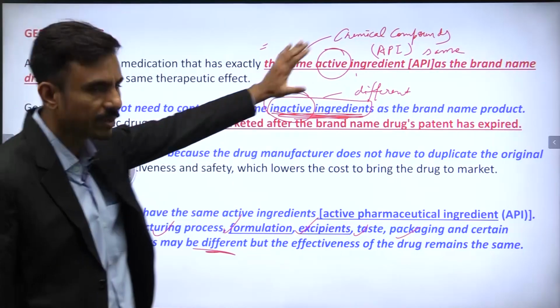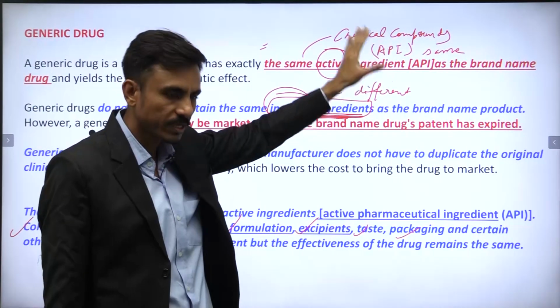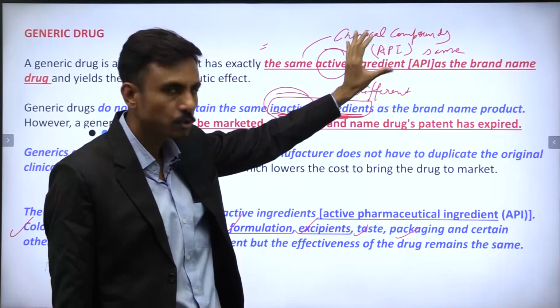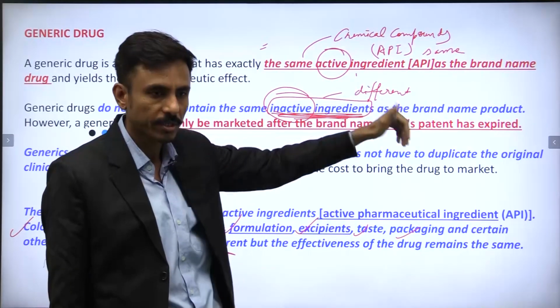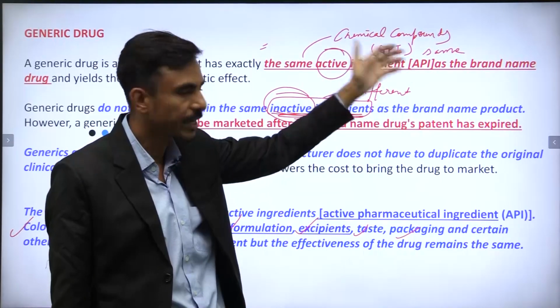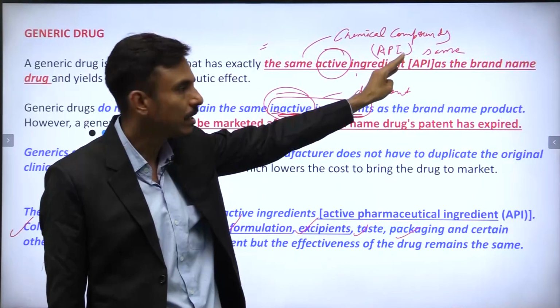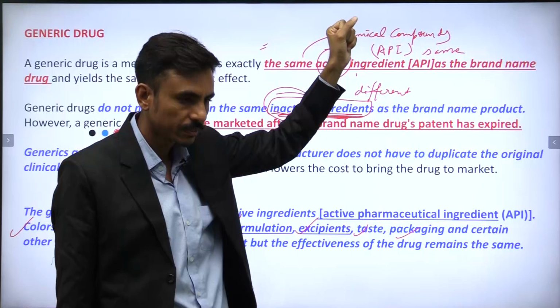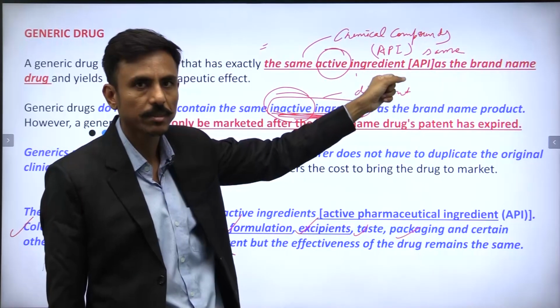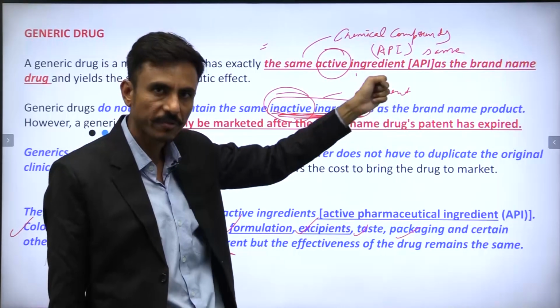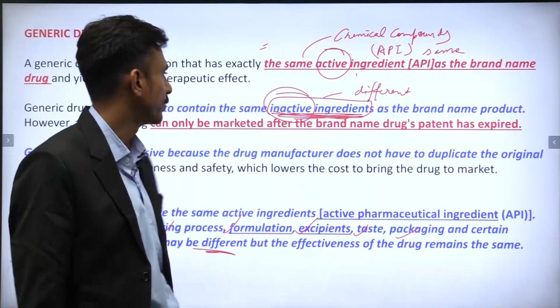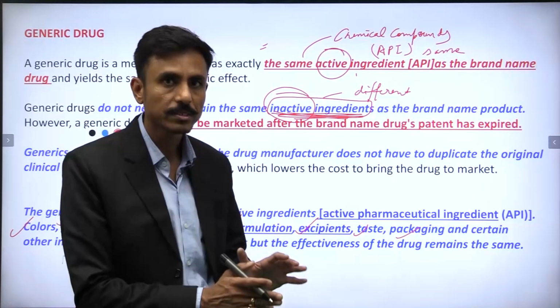However, the chemical compounds are same, right? So when the chemical compounds are same, there is no difference in the efficacy or the therapeutic use of the branded drugs and the generic drugs. Their chemical qualities are same, characteristics are same, therefore their efficiency is also same, right? But they are being less priced.